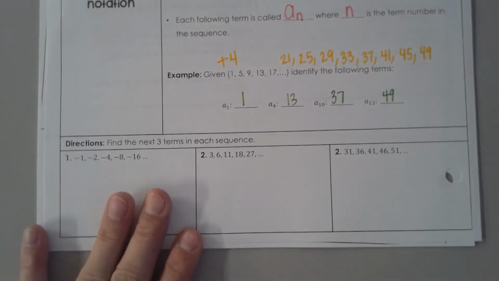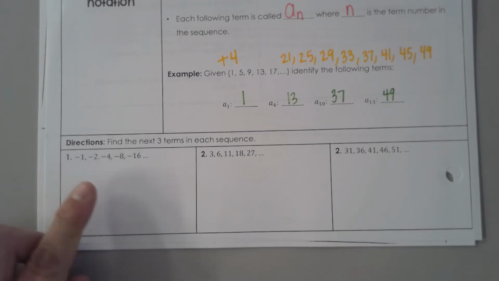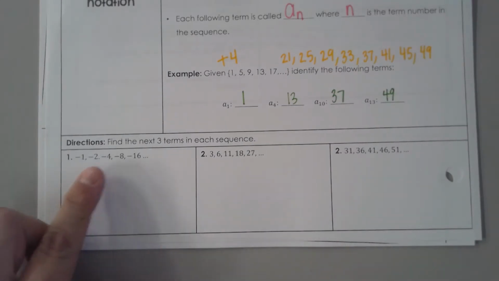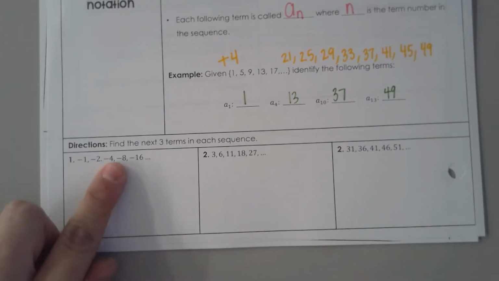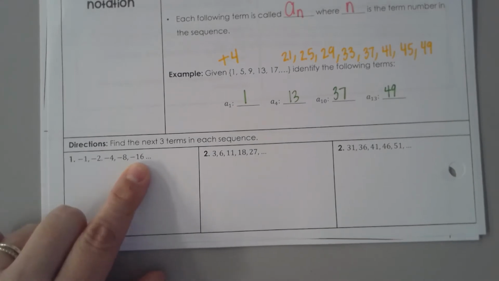But for right now, we're going to find the next 3 terms in the sequence. So I'm given -1, -2, -4, -8, -16. What's happening? They're doubling. Doubling, multiplying by 2.